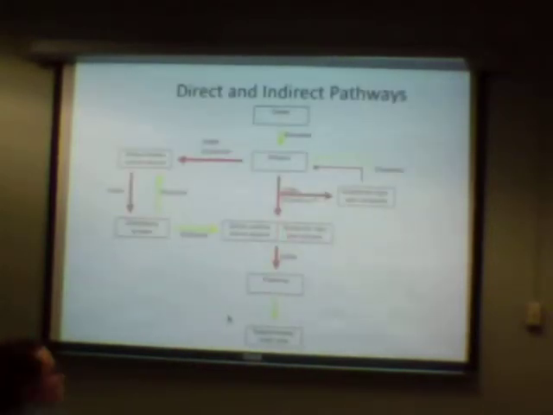Remember this diagram. This is the direct and indirect pathways through the basal ganglia. And I said I won't require you to memorize all these pathways, but basically the key gist of this is that the direct pathway here to the supplementary motor area is an excitatory tract, whereas the indirect pathway around here through the globus pallidus external and subthalamic nucleus is an inhibitory tract.